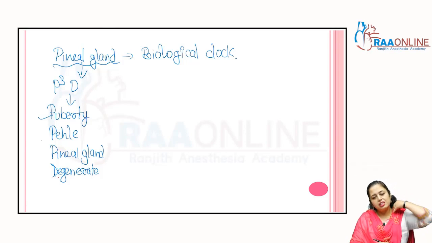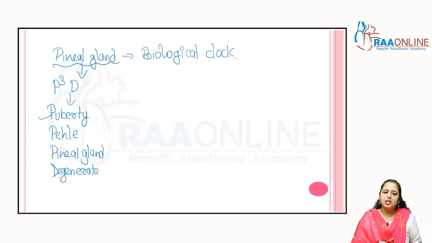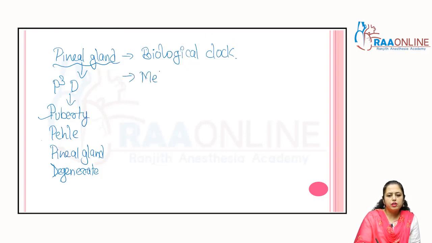It degenerates, which doesn't mean that it is destroyed completely. It gets reduced in size, right? So it is also known as the biological clock. It secretes 3 types of hormones. First one is melatonin, which is responsible for the circadian rhythm.